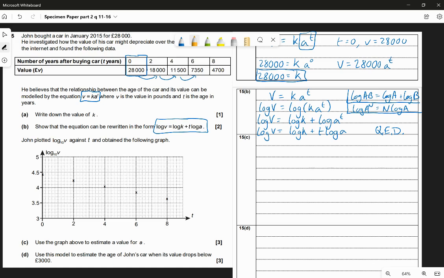Okay, go away. I'll just get my own ruler and attempt. That's not bad. So you can see it's sort of a linear function when you plot it as a logarithmic graph, a logarithmic scale. Use the graph above to estimate a value for A. Okay.